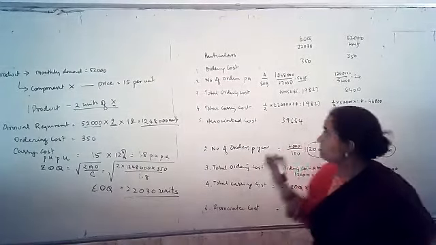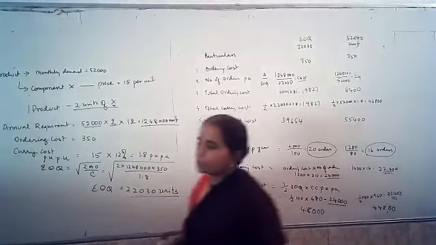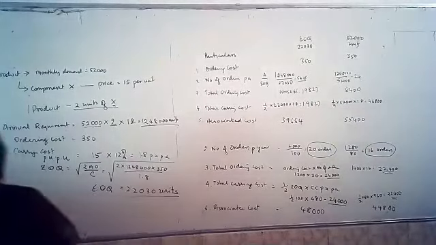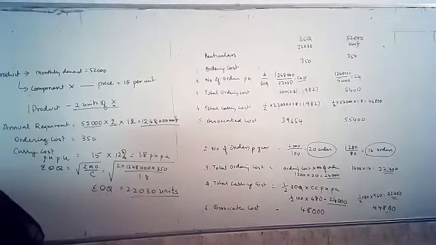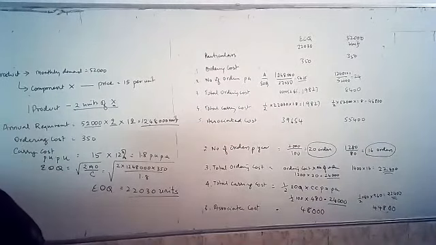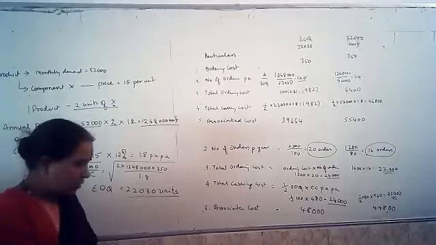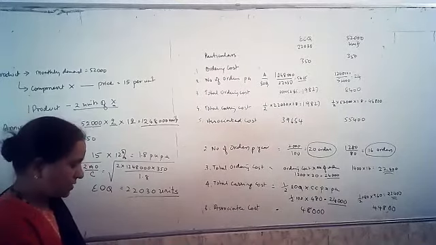So this is 55,400. What is the difference now? 8,400 plus 46,800.